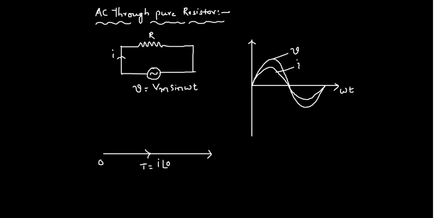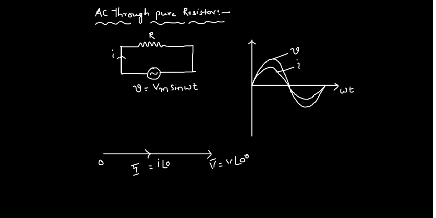Now this is my V bar, which is V at an angle 0 degrees, and this is my I bar.